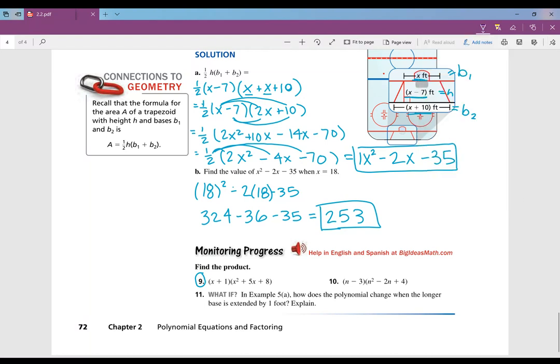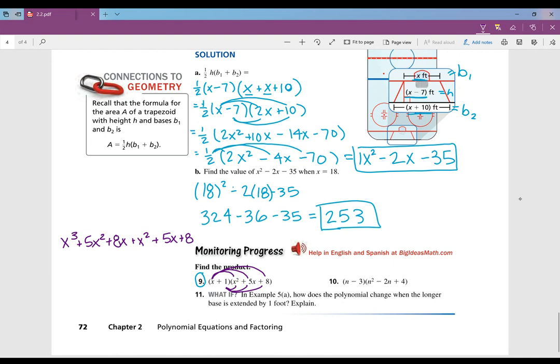All right, so for number 9, we're going to distribute our x to everything and distribute the 1 to everything. So we should get x cubed plus 5x squared plus 8x. And now we're multiplying our 1, so we get plus x squared plus 5x plus 8.